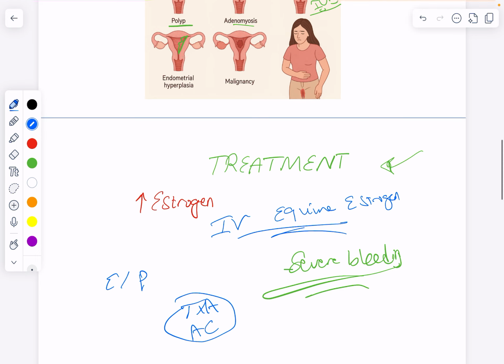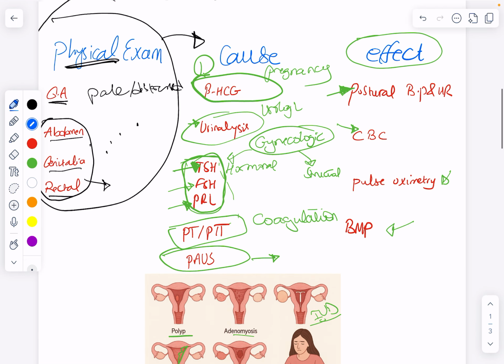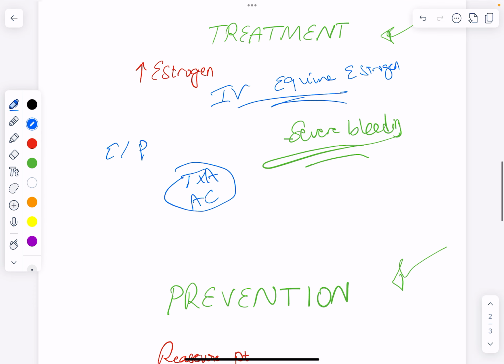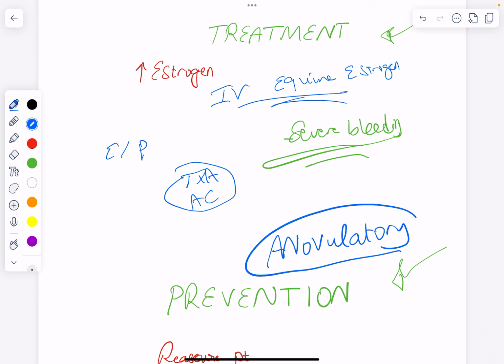Now, for prevention, if you don't find any of these causes as a possible cause of her bleeding, if all those are ruled out, all those tests are negative, then it's most likely anovulatory bleeding. And that's probably the most common cause. Now, that would be anovulation. That means that she's not producing enough progesterone, and so estrogen is left unopposed to act on the endometrial lining and cause it to grow uncontrollably and bleed.